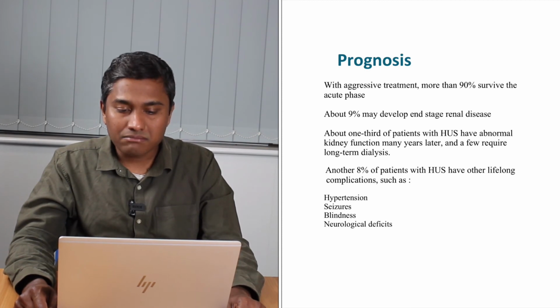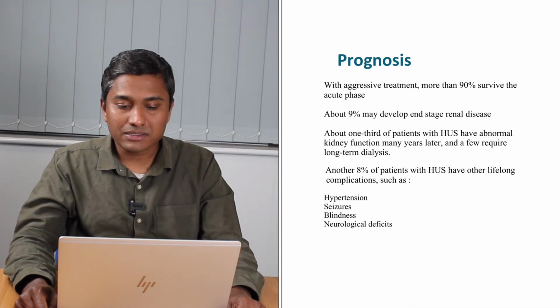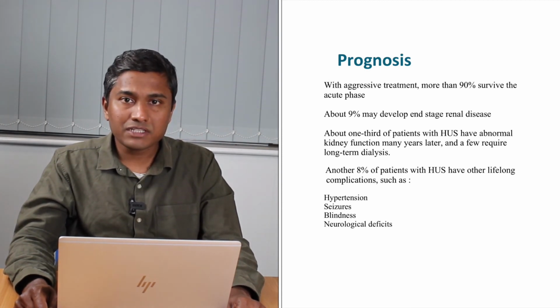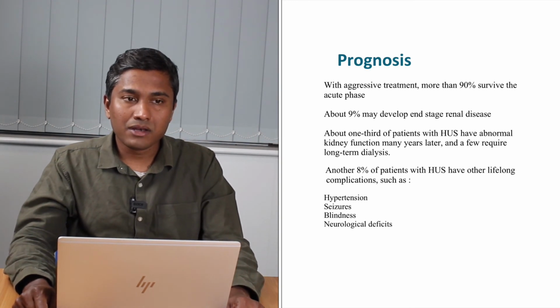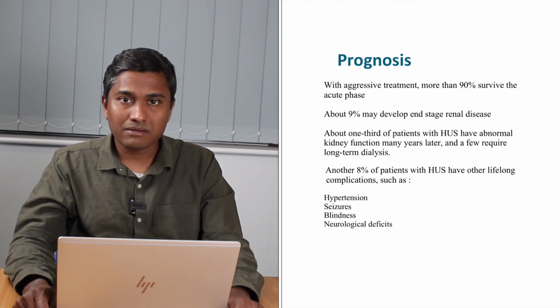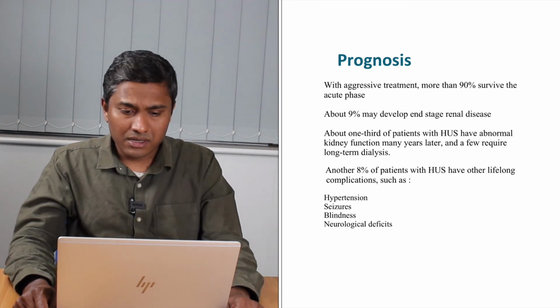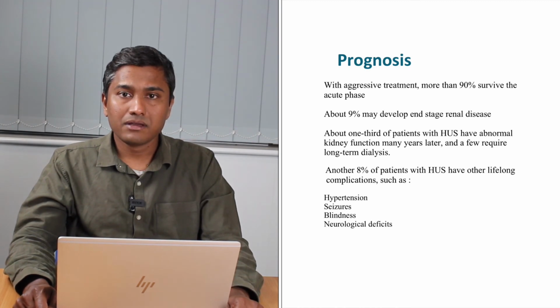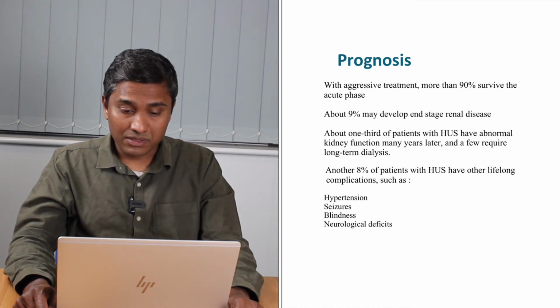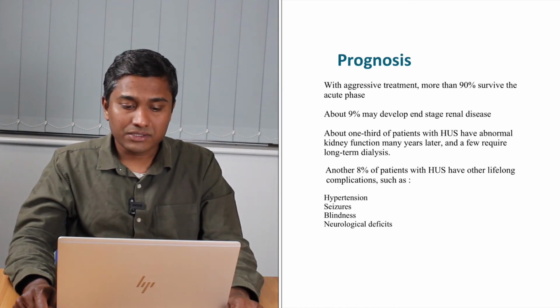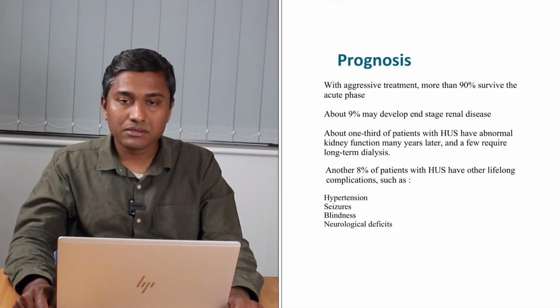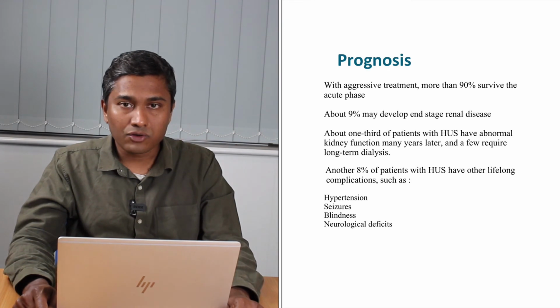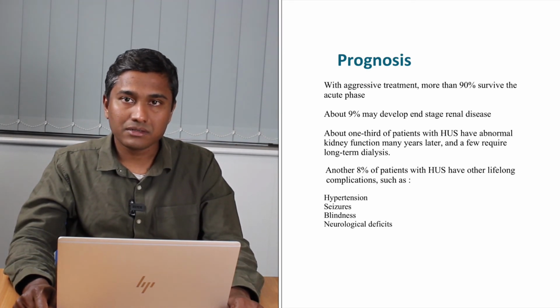About 9% may develop end-stage renal disease. Many of these patients will have long-term renal problems, and many of them may require lifelong dialysis. About 8% of patients with HUS have other lifelong complications such as hypertension, seizures, blindness, and neurological deficits.